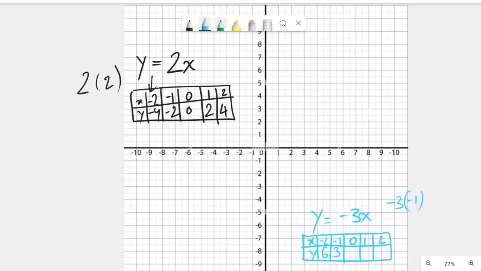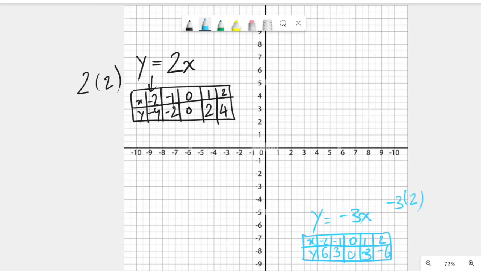What happens when x is 0? Negative 3 times 0 will be 0. What happens when x is 1? Negative 3 times 1 will be negative 3. What happens when x is 2? Negative 3 times 2 will be negative 6. This is how we finish our table.